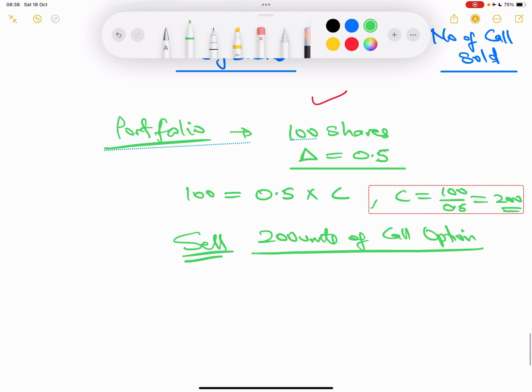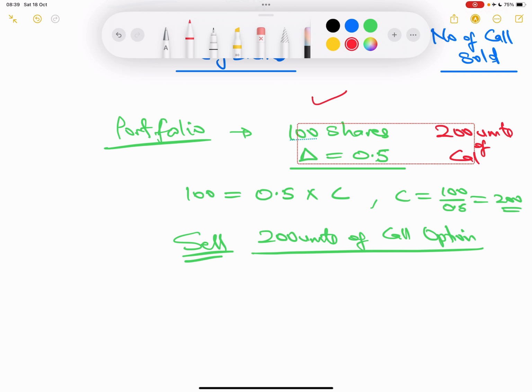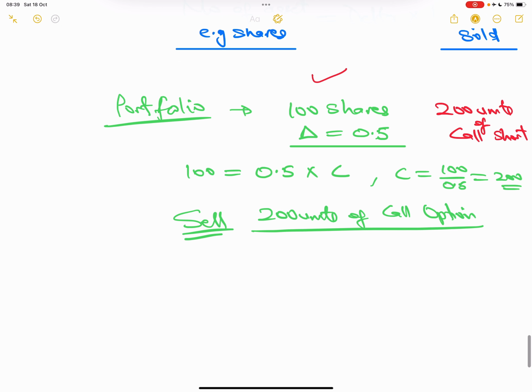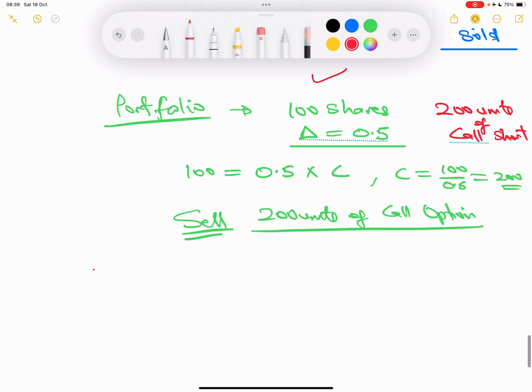Once we sell these, we're going to have a perfect hedge. So this needs 200 units of call in a short position. And think about it: let's say after the next day, the share price becomes $2.